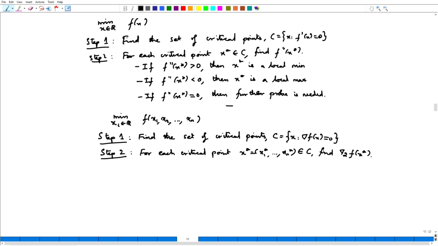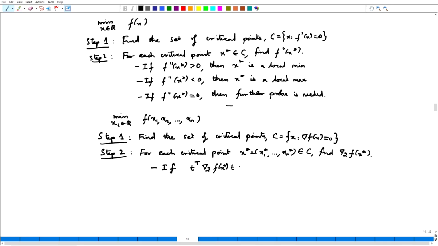So, for each critical point you find this matrix, and how do we decide if those are local min, local max, or saddle point? You check the following value. Take any vector t and find this quantity.